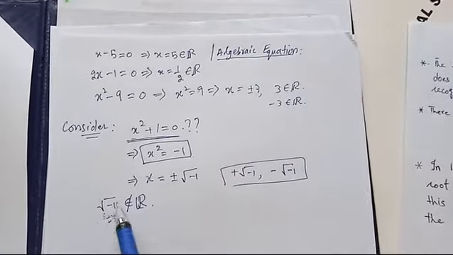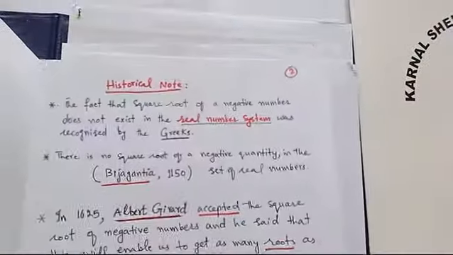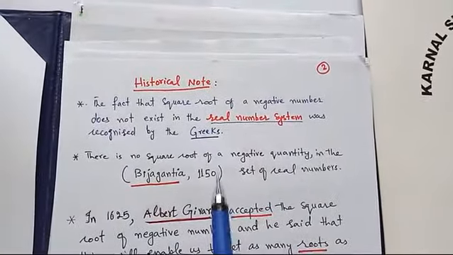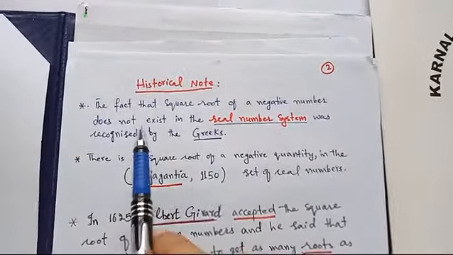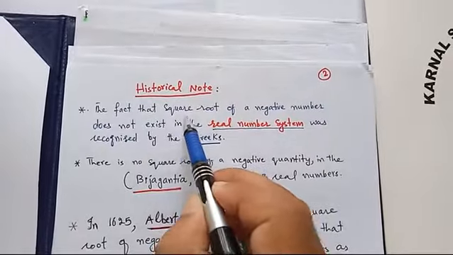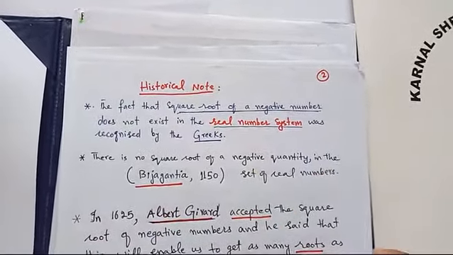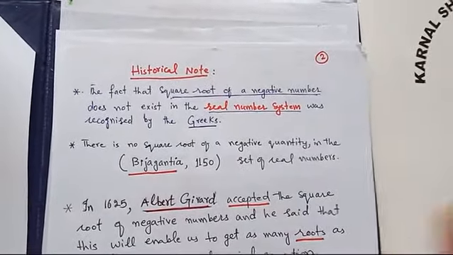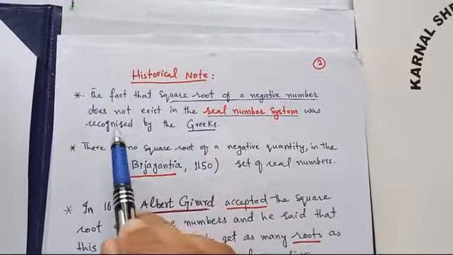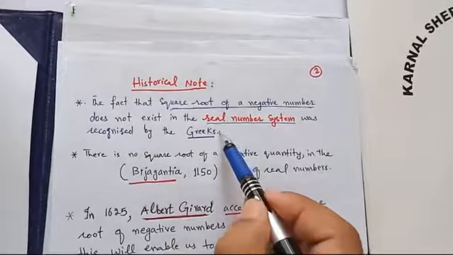This point which we discussed here, that the square root of minus 1 doesn't belong to the set of real numbers, was initially recognized by the Greeks, that the square root of any negative number, it may be minus 2, minus 3, minus 10, minus 20, does not belong to the set of real numbers.